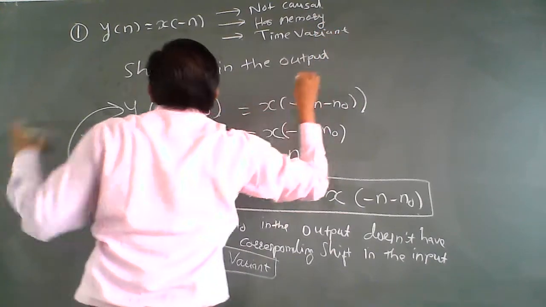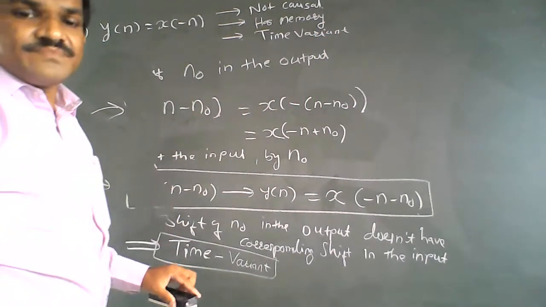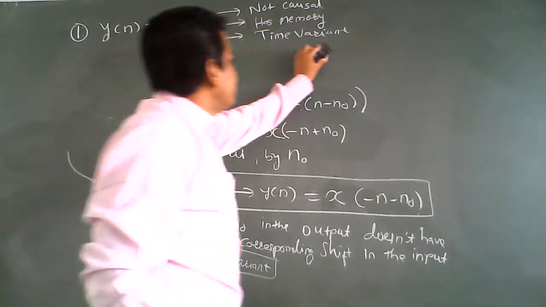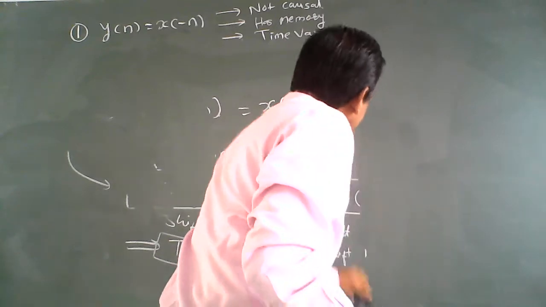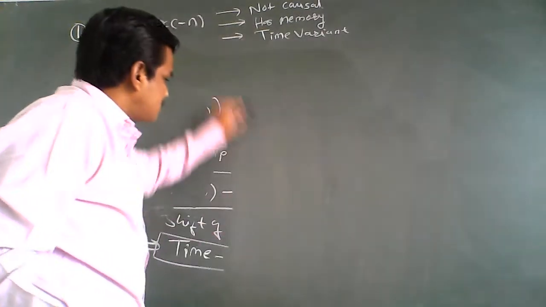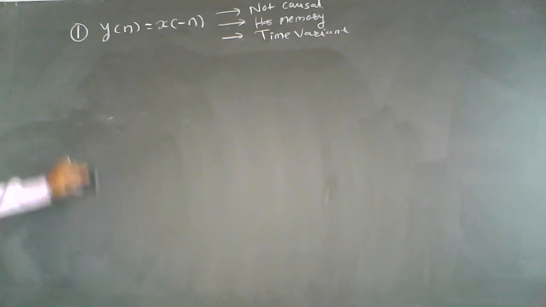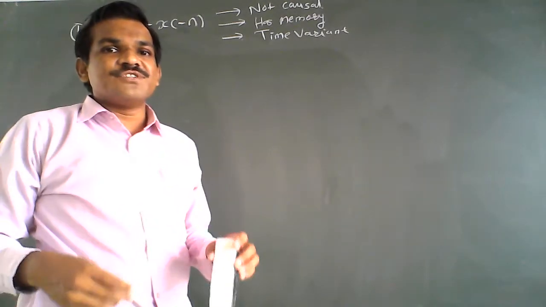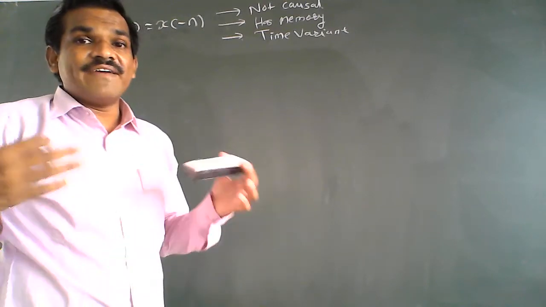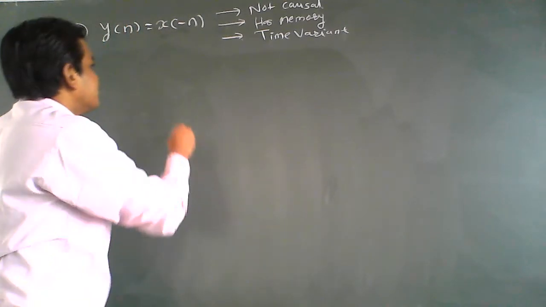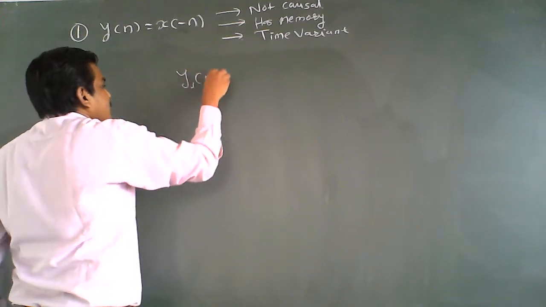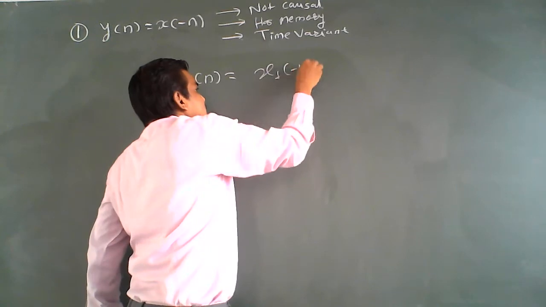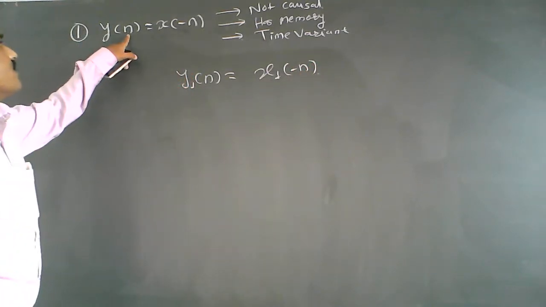Now let us go for the next property, that is our linearity property. Let us consider the superposition principle, which will verify the linearity of the system. y of n is equal to x of minus n.